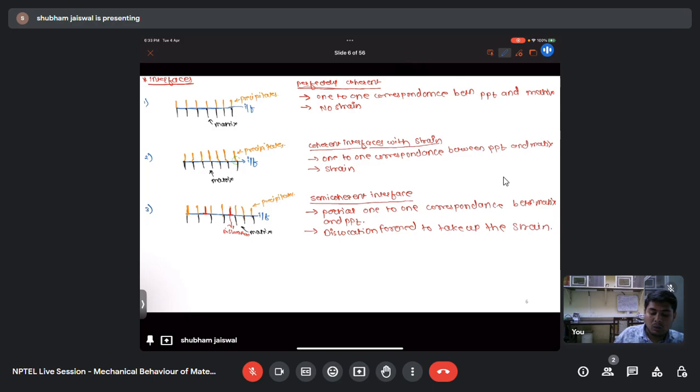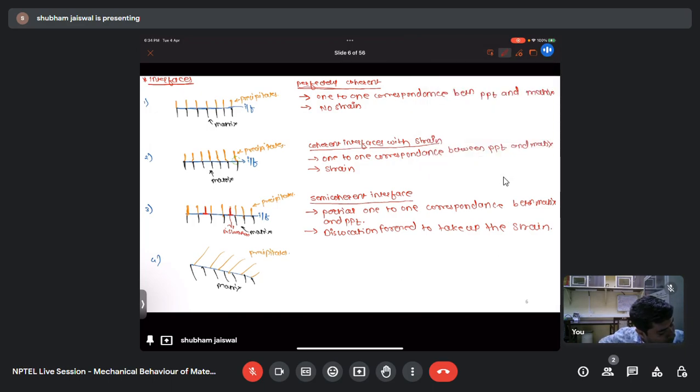Now the fourth one is the incoherent interface, in which there is no one-to-one correspondence between the precipitates and the matrix. So let me write. This is the fourth one. So here we have our matrix, and let's say this is my precipitate.